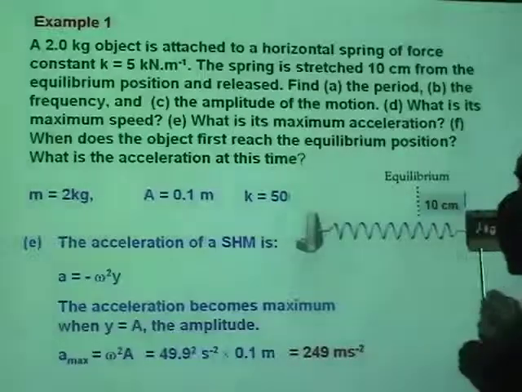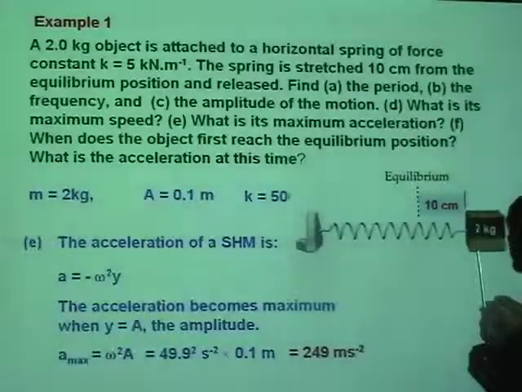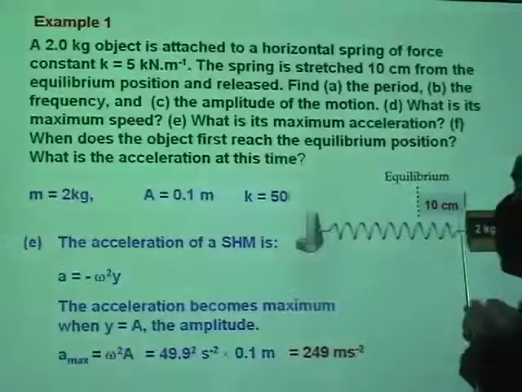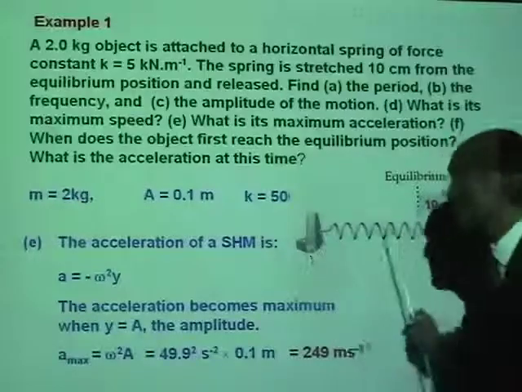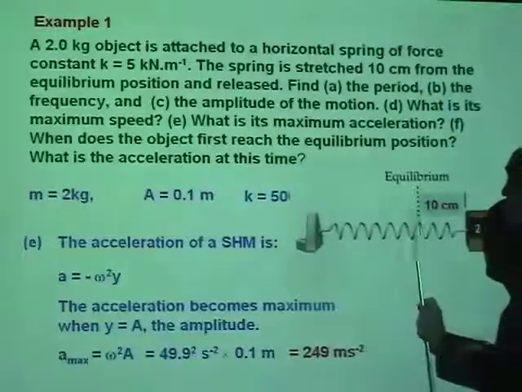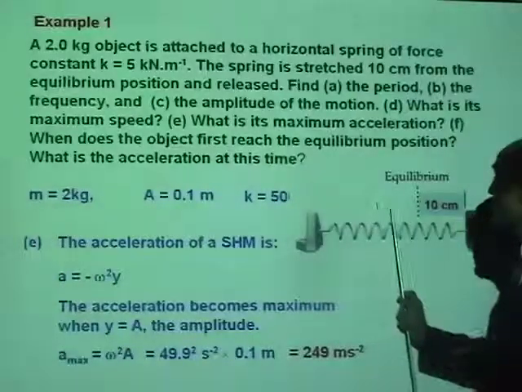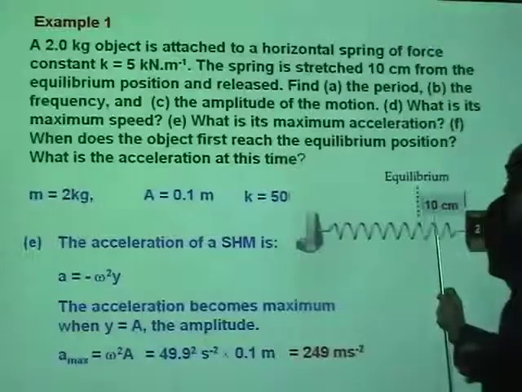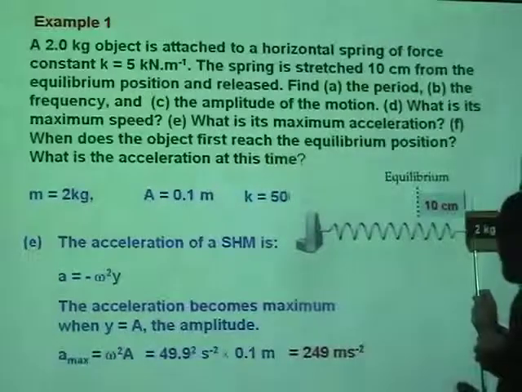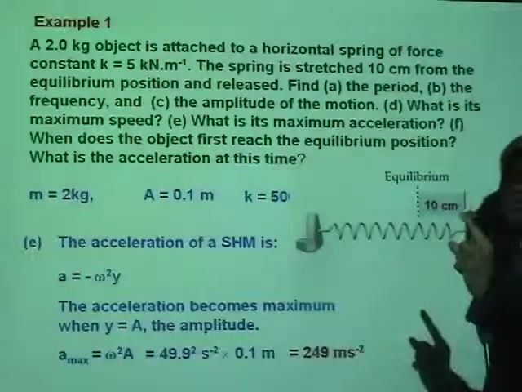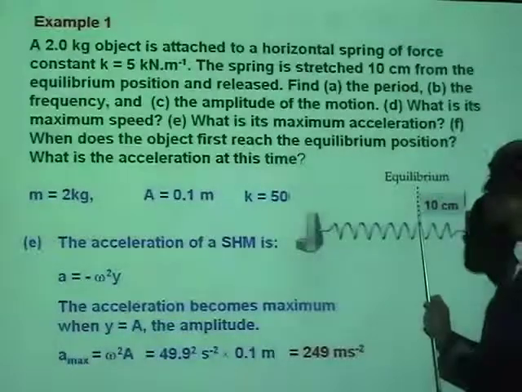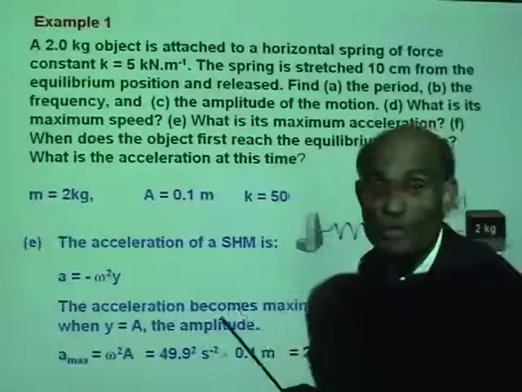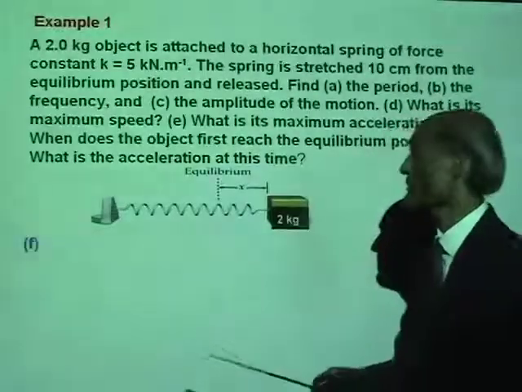Do you understand that? This is the right extreme. Coming to the equilibrium position is 1/4 of the oscillation. It comes to the equilibrium, goes to the left extreme, comes back to the equilibrium, and back on the right extreme. That is one full oscillation. So the time taken to reach the equilibrium position is a quarter of a period.